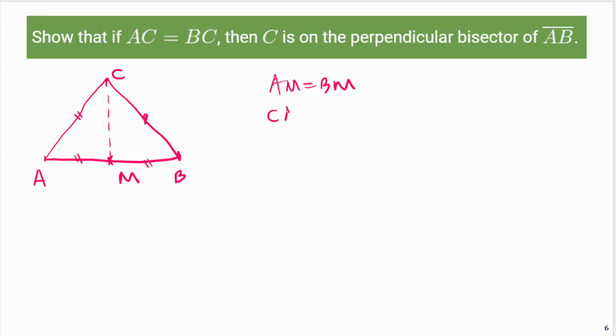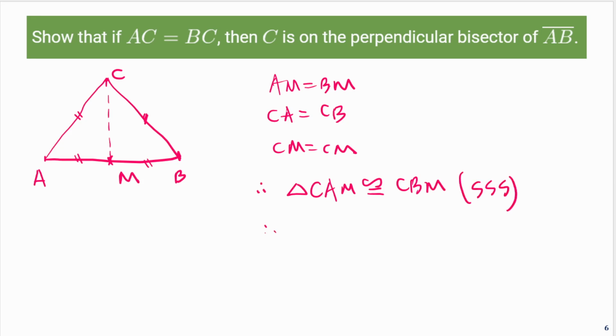We also have CA equals CB and CM equals CM. Therefore, we have triangle CAM must be congruent to triangle CBM by SSS congruence. Therefore, we can prove angle CMA equals angle CMB, which is 90 degrees. Therefore, CM must be perpendicular to AB, and we also know M is the midpoint, so C must be on the perpendicular bisector of AB, right?